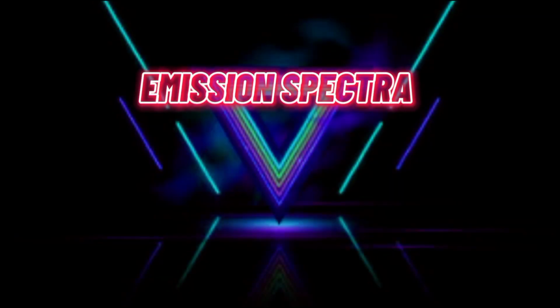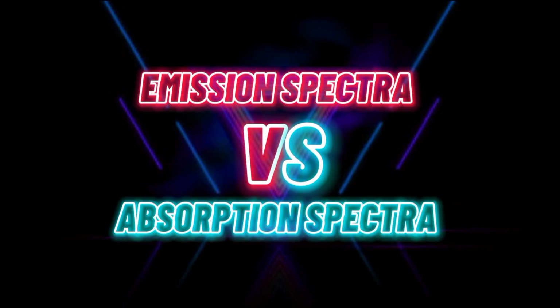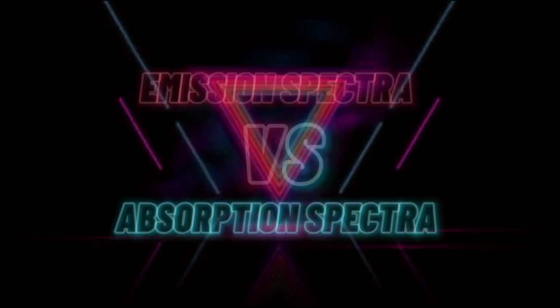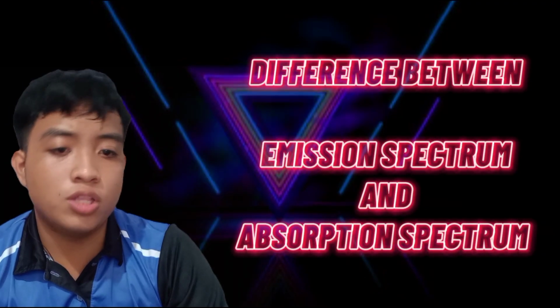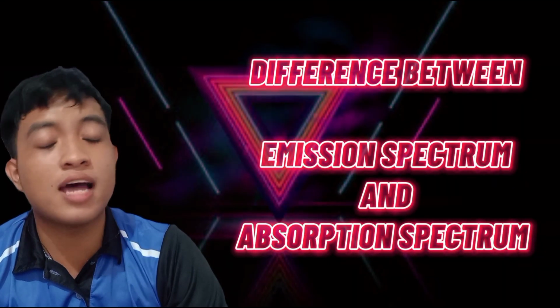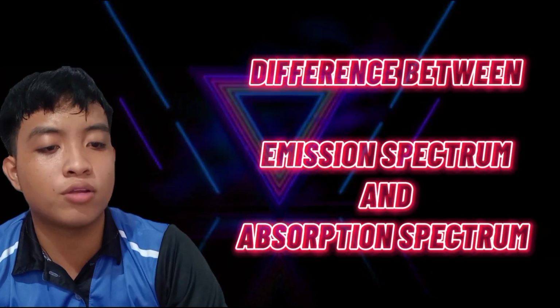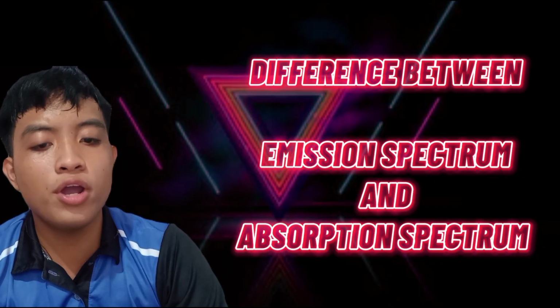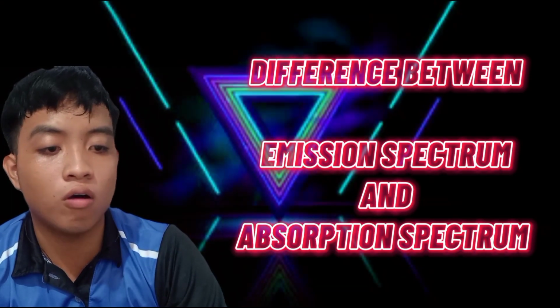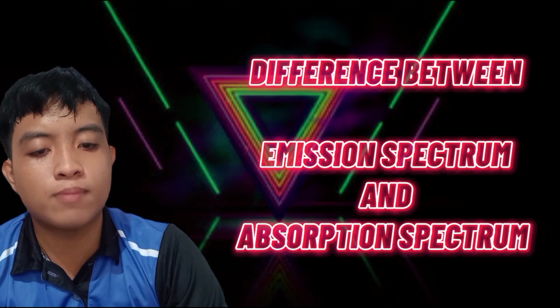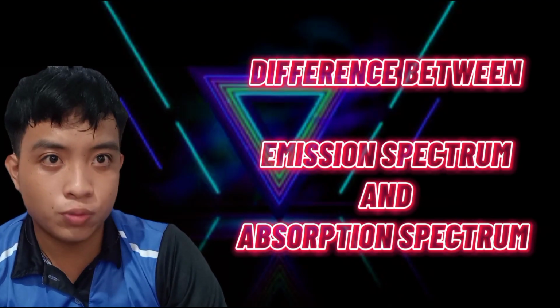Emission spectra versus absorption spectra. The main difference between an emission and an absorption spectrum is that an emission spectrum has different colored lines in the spectrum, whereas an absorption spectrum has dark lines. More differences between absorption and emission spectra will be given.